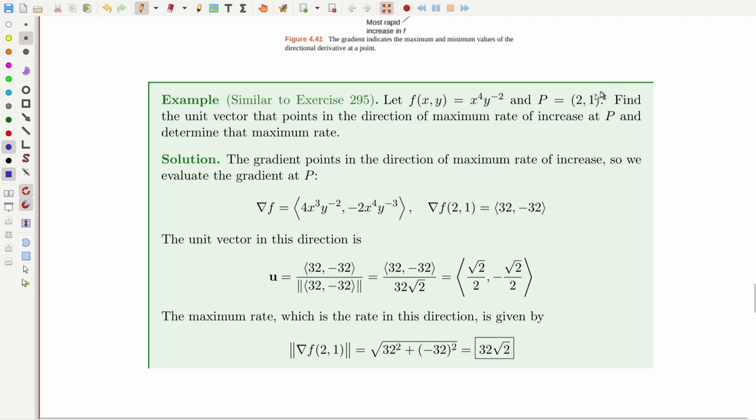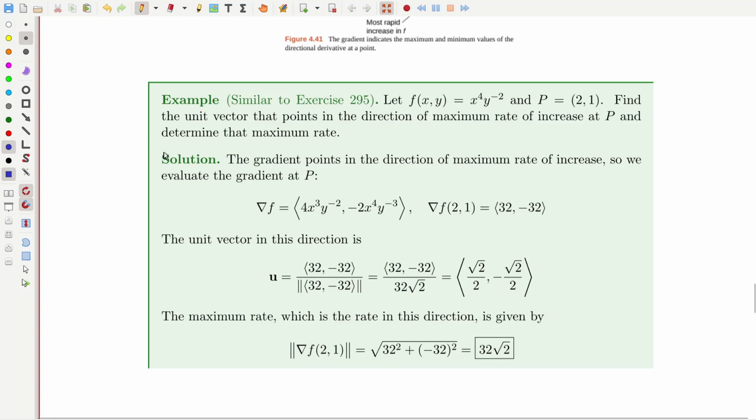And then you plug in the point, which is arithmetic, so I'm not going to bother with that. The problem then asks for the unit vector pointing in that direction. This is the direction, but to capture it as a unit vector, we just normalize. Running through that process, we get this.